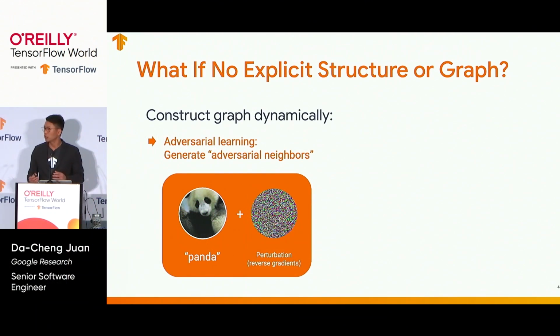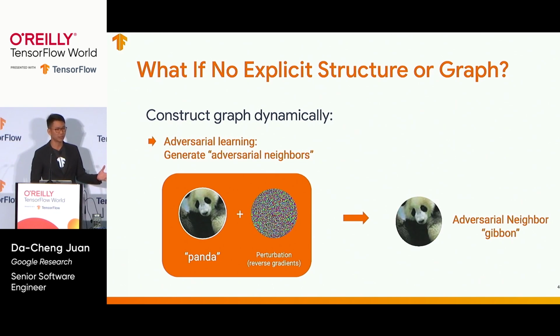The second method to construct a structure, or construct a graph signal, is to build a graph dynamically by adding adversarial neighbors. For each training sample, we find a malicious perturbation based on the reverse gradient direction. In other words, that perturbation is designed to confuse the model the most, which means to maximize the loss.